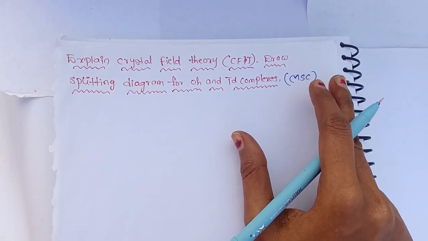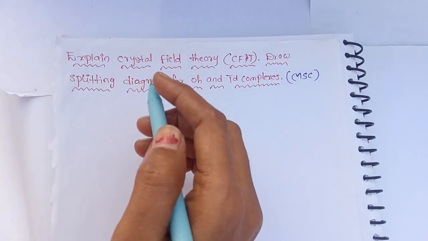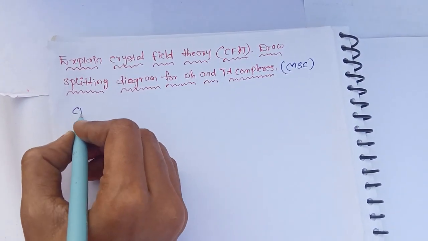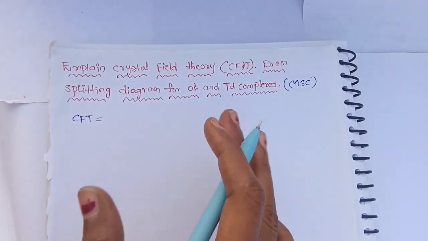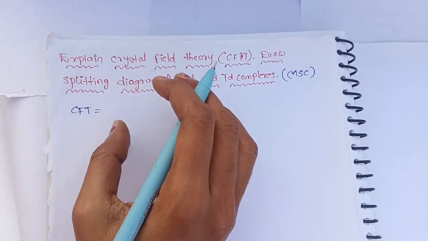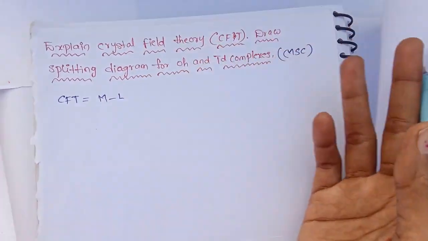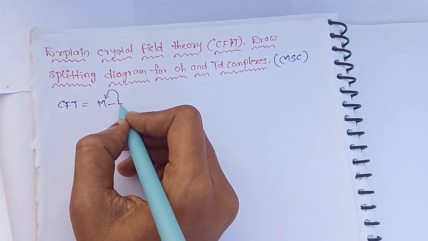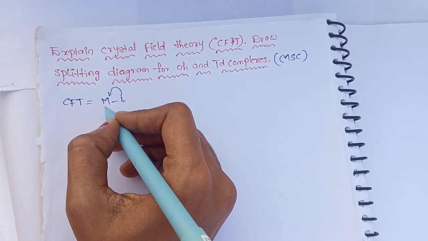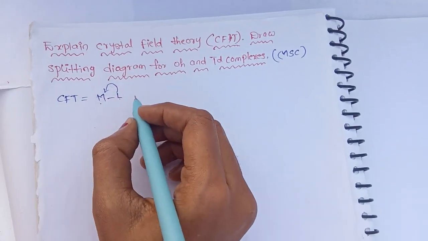We have to remember some key points about CFT. So what is the CFT? A simple theory, and how to remember it in the exam, I will tell you. When a ligand comes to the metal, because of the ligand the d orbitals will split.